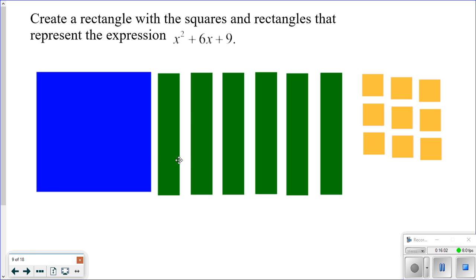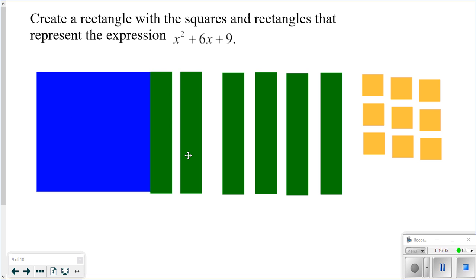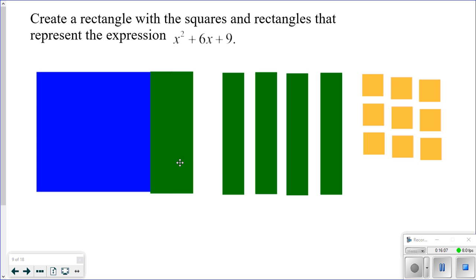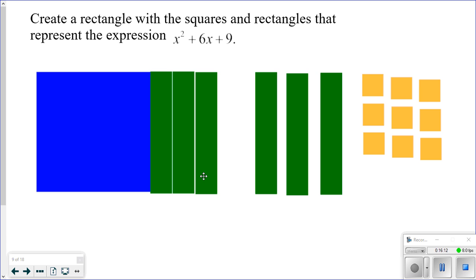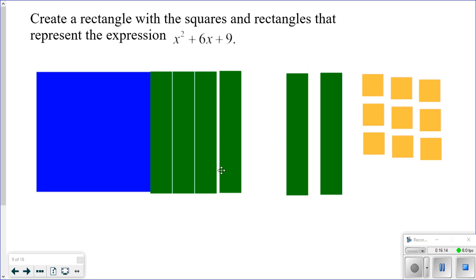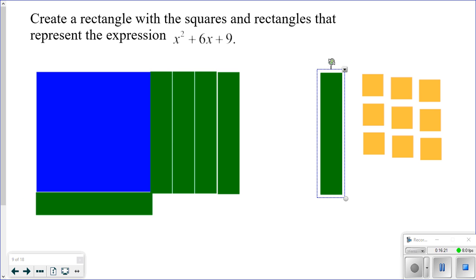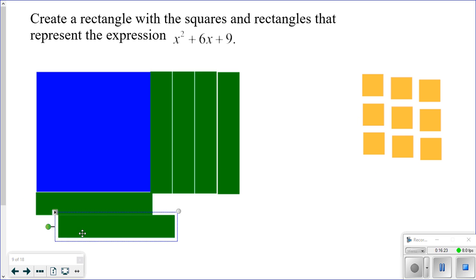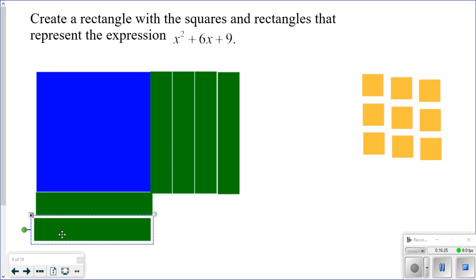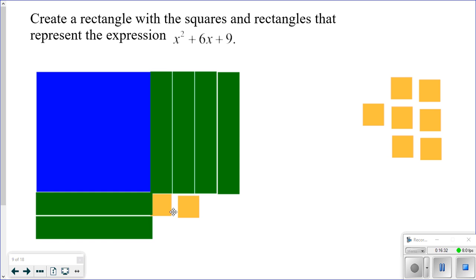So if we start to rearrange them, this is not going to work, I don't think.